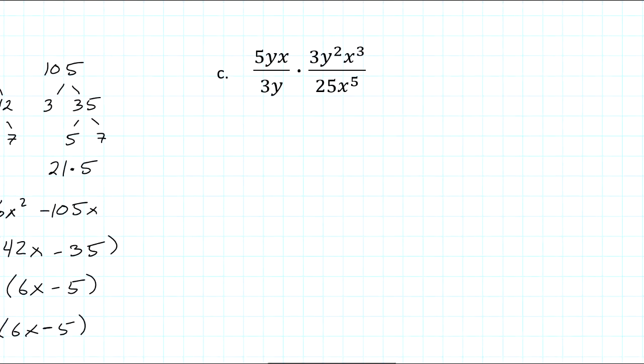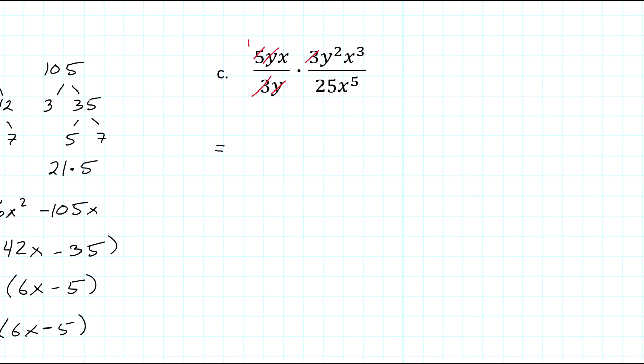All right, this last one, let's see if we can reduce the numbers at least. I'm sorry, let me read the problem. We have 5yx over 3y times 3y squared x cubed over 25x to the fifth. And so I want to look for any sort of reduction that I can do right away. The 3's can cancel. Looks like there's a y on top and bottom that I can cancel.